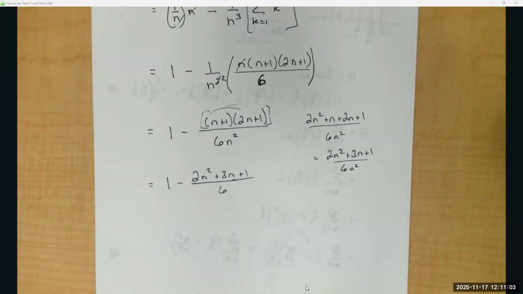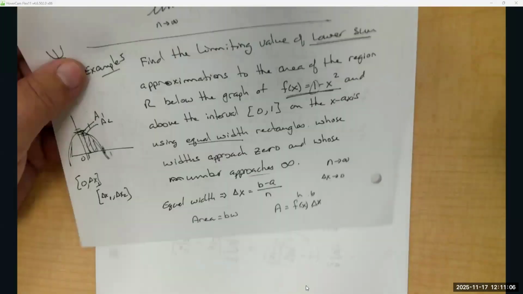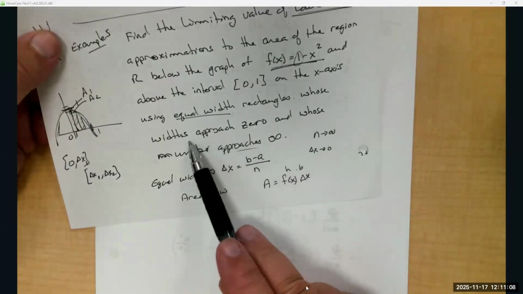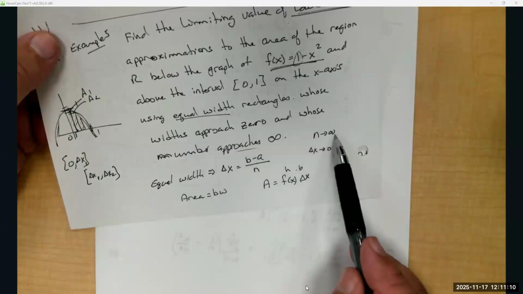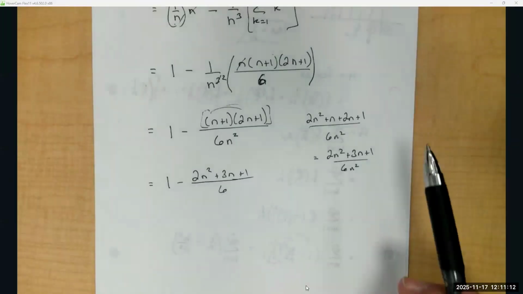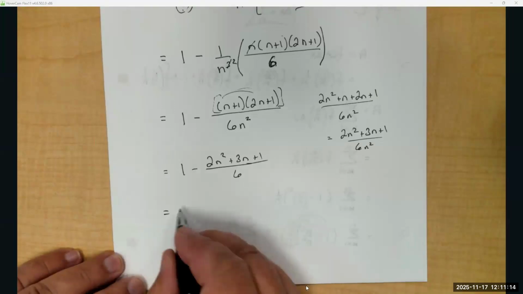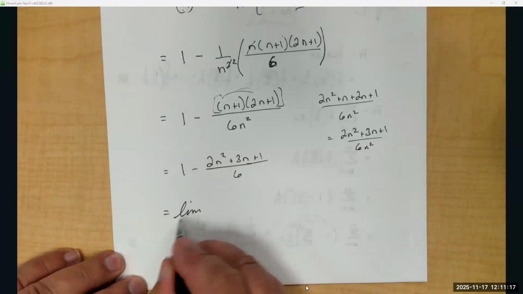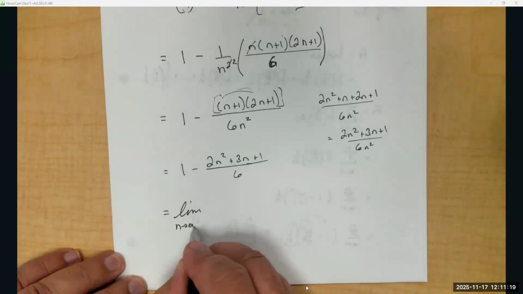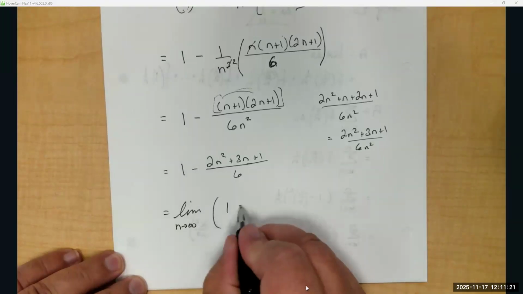Remember what the question said. We want these widths to go to 0, which means n has to go to infinity. Which means we now take the limit as n goes to infinity of our equation.